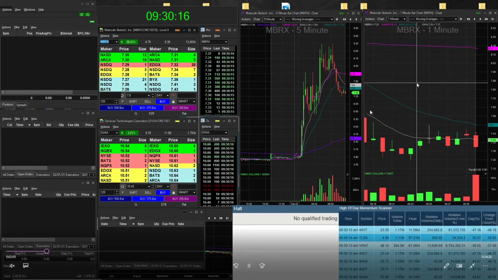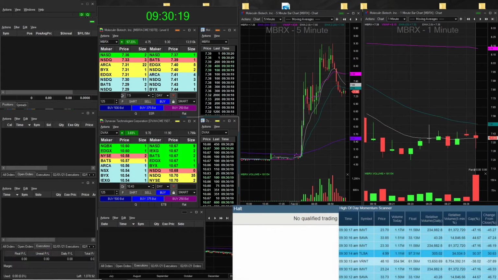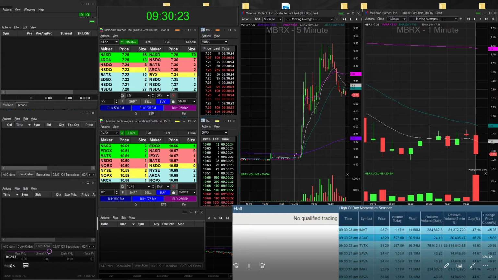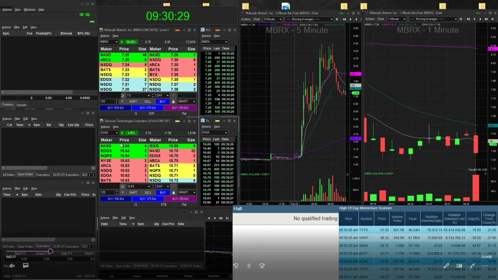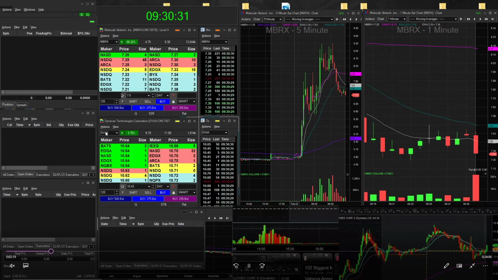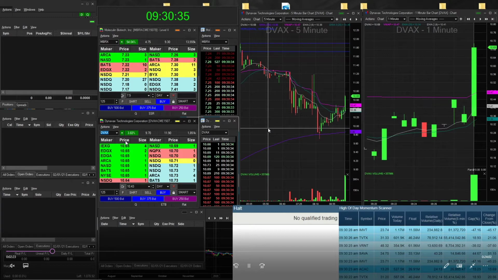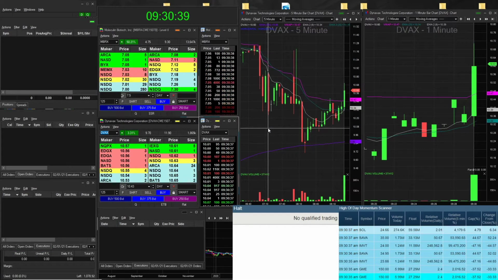So here we are at open, and we're not really looking at anything so far because MBRX is the leading gapper, and it's kind of fading right now. We have DVAX in this order entry window because it was a stock that did very well yesterday.